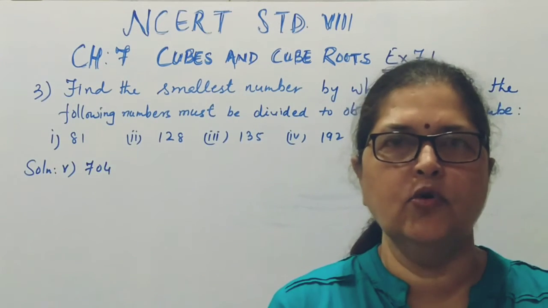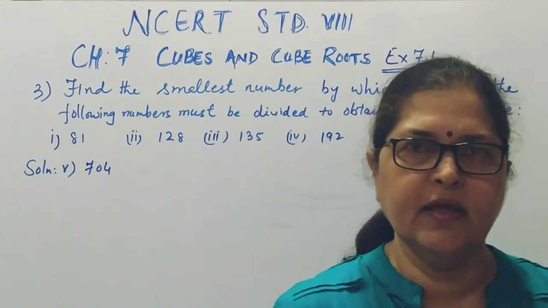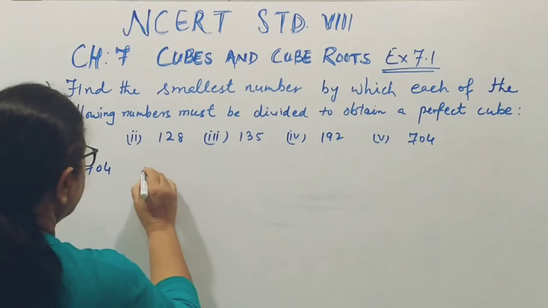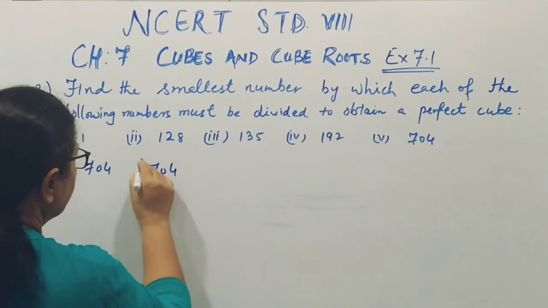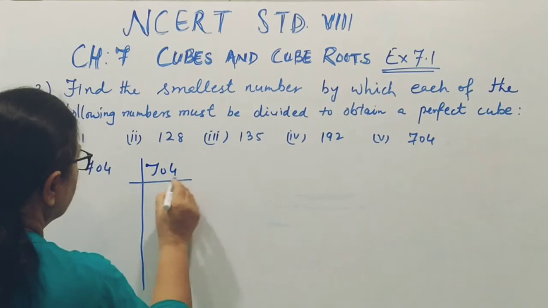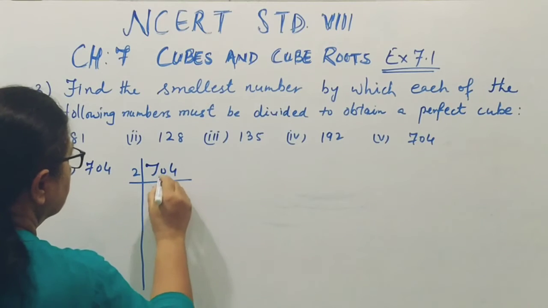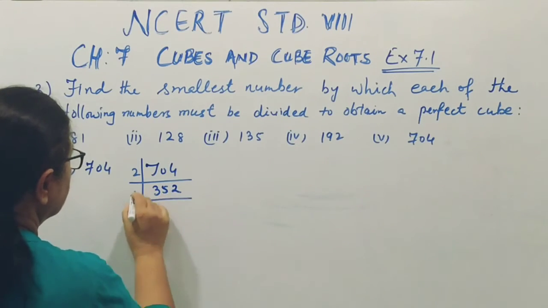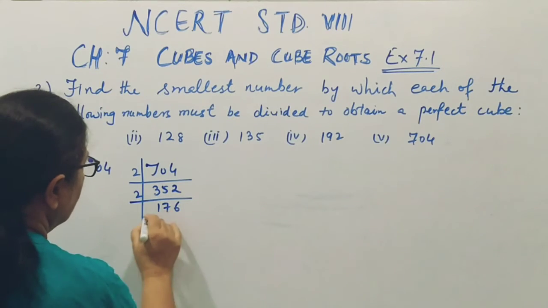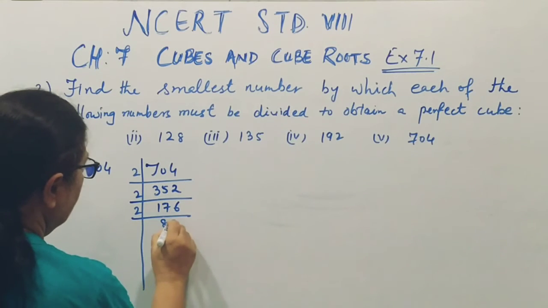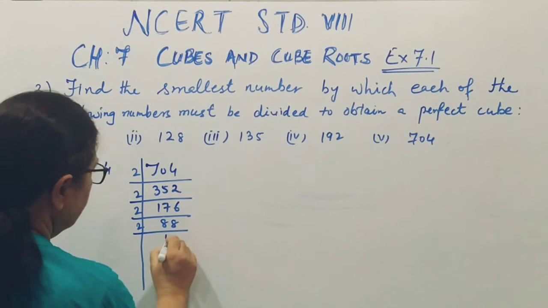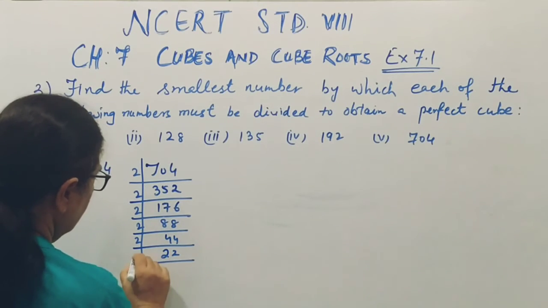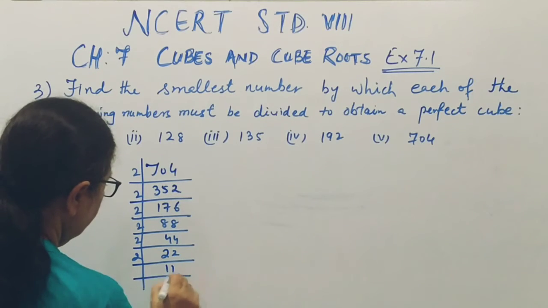Now, the last part of question number 3, the number is 704. Let us factorize it. It's an even number, so it is divisible by 2. Again by 2, again by 2, again by 2, again by 2, again by 2, then by 11.